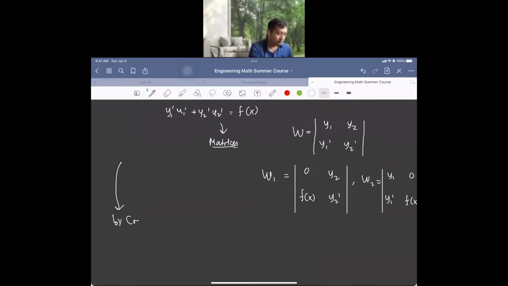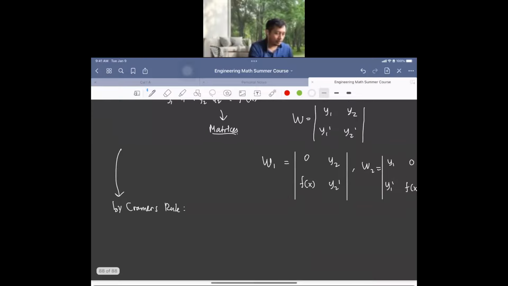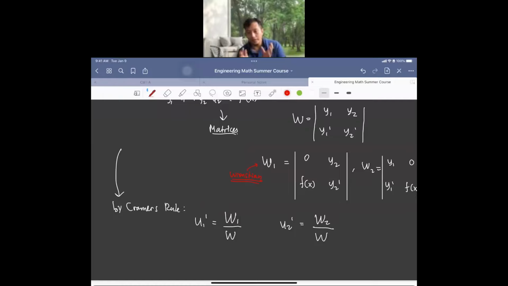So by Cramer's rule, we will have that u1 prime is equal to W1 divided by W, which means the determinant of W1 divided by the Wronskian, and u2 prime is W2 divided by W. This is the same Wronskian that we had in the beginning of the higher order equations to check linear dependency, right?